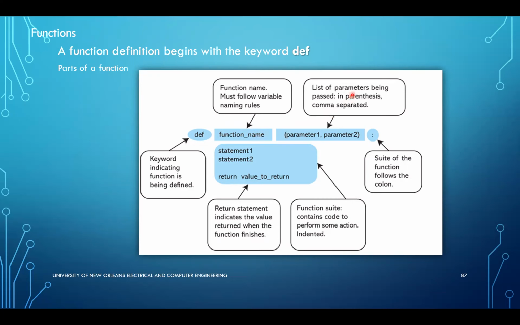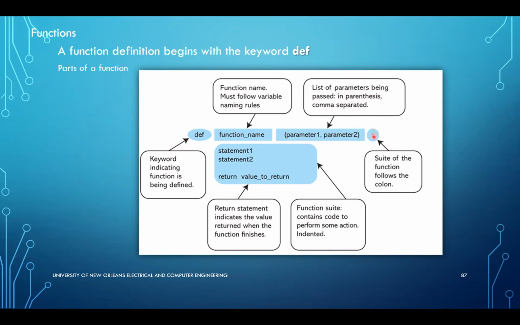And it's going to be followed by a list of parameters being passed in parentheses, and they're going to be separated by commas. Now, these parameters can be omitted, like we see in some examples, right? But if we include them, if we have one or more, but if they're more than one, then we separate them by commas.